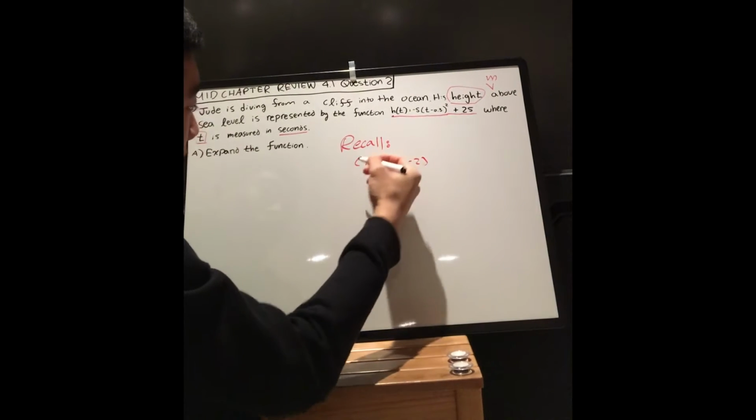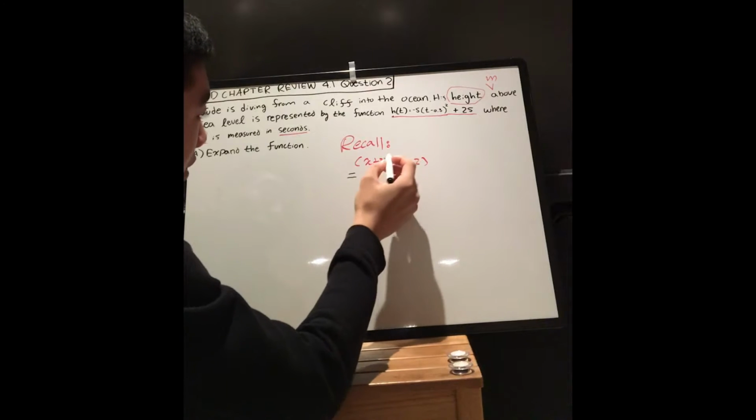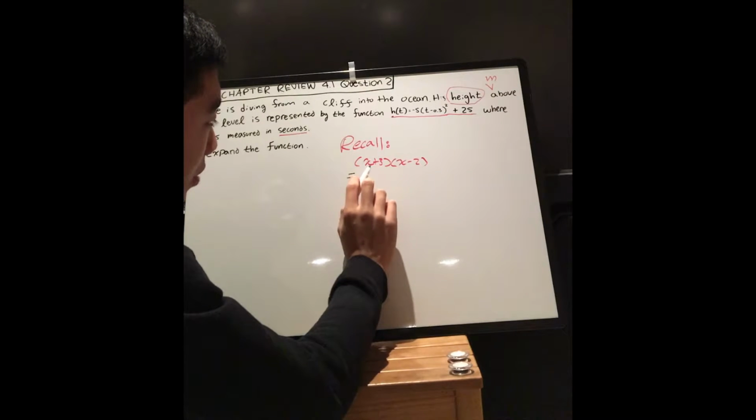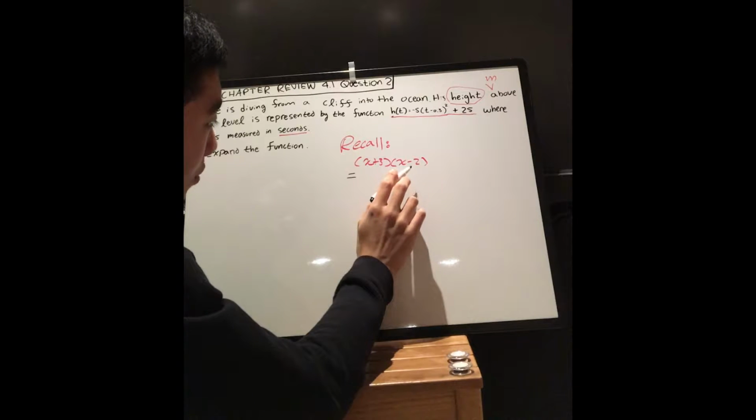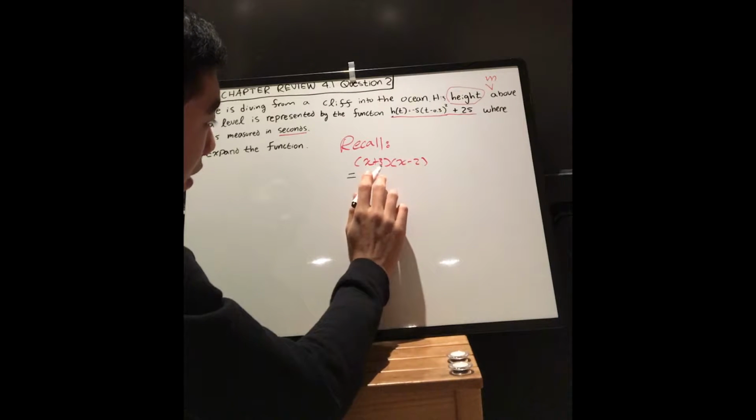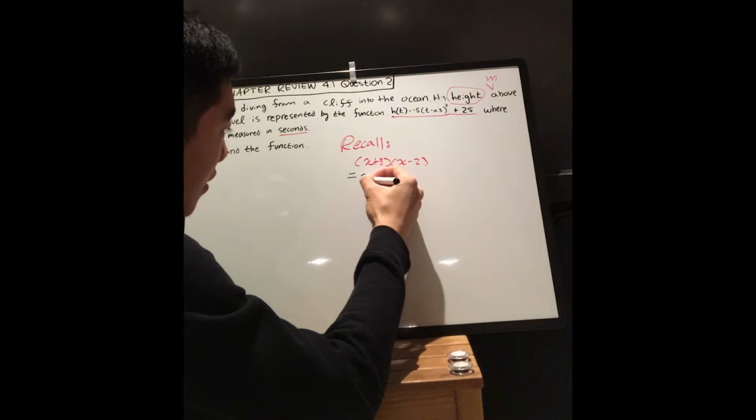To solve for this, you want to take the x in the first binomial and multiply it by the x in the second binomial and the -2, and then do the same for the 3. So it'll look like this.